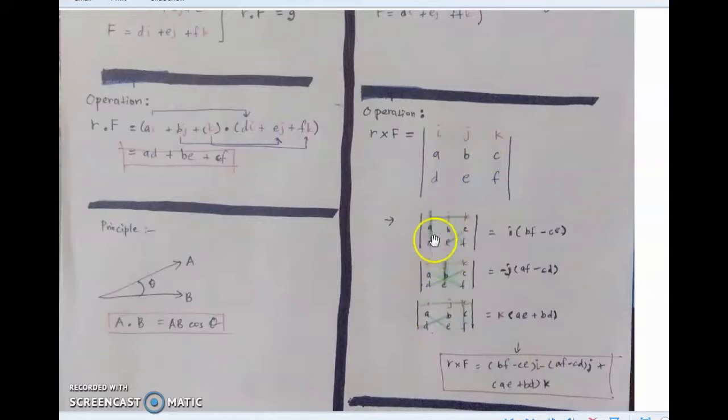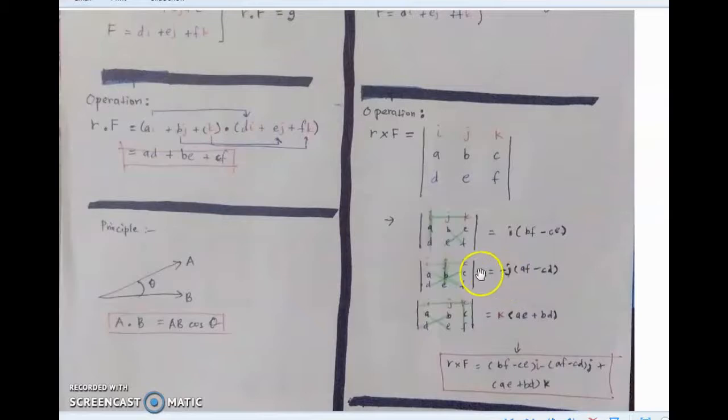Okay, the first step is to find the component for i. When you do the component of i, you need to eliminate this line and do the cross multiplication like this. B multiplied with F minus E multiplied with C. Okay, that is the i component.